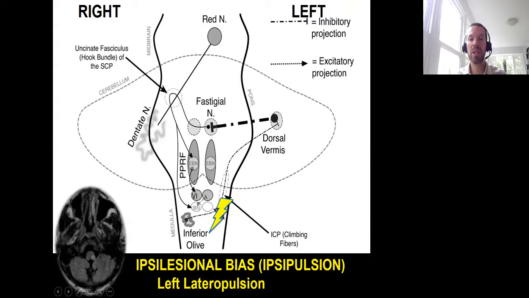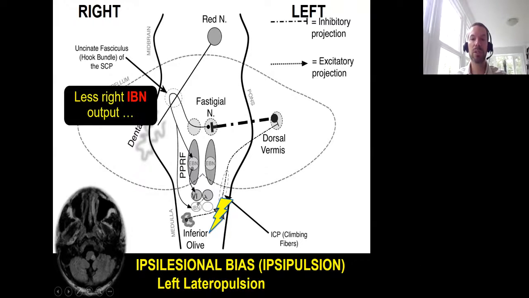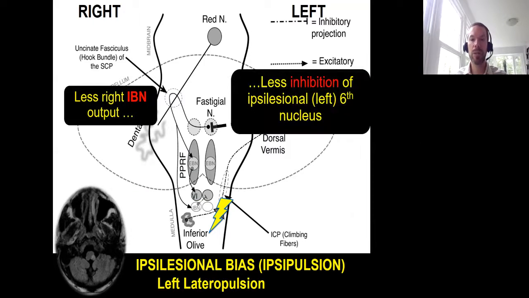This is going to be responsible for this ipsipulsion, this left lateral pulsion, or hypermetric saccades to the left and hypometric saccades to the right. So if you have less right IBN output, you're going to have less inhibition of the left 6 nucleus. The left 6 nucleus is going to move the eyes to the left.